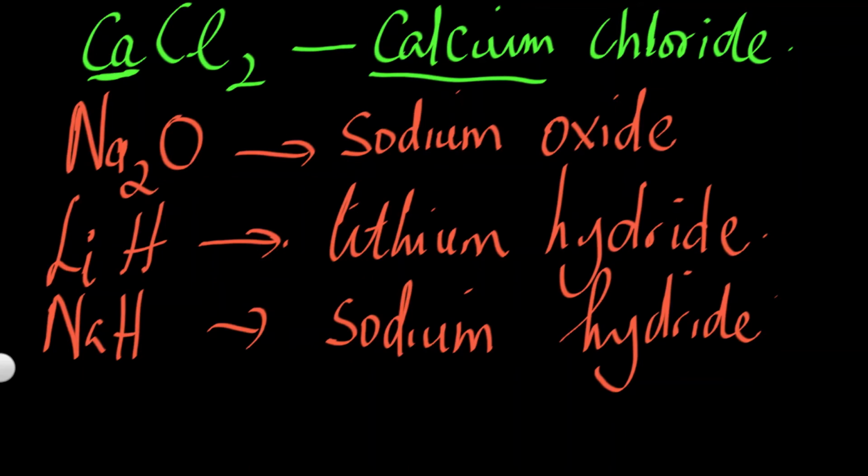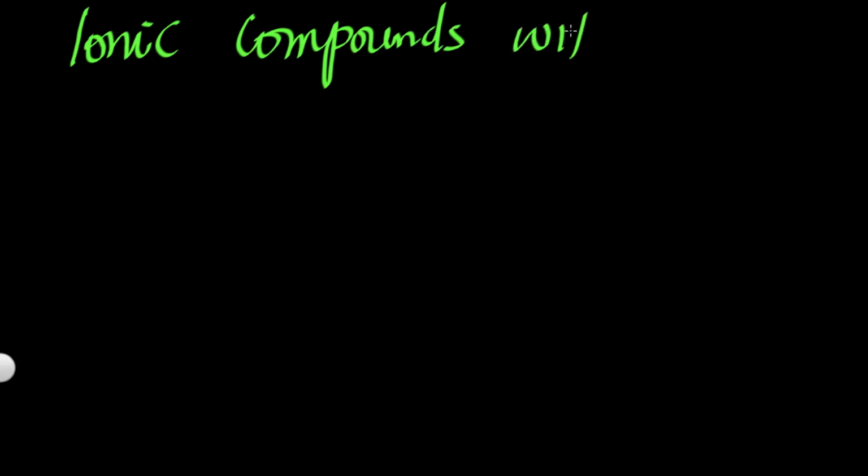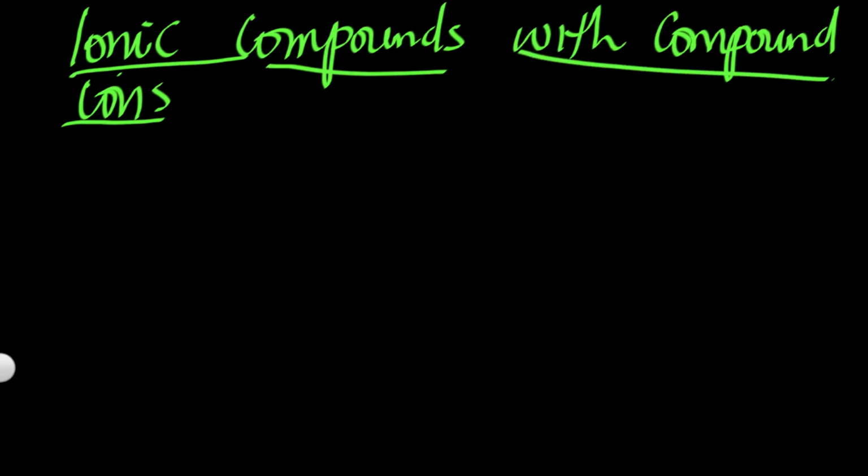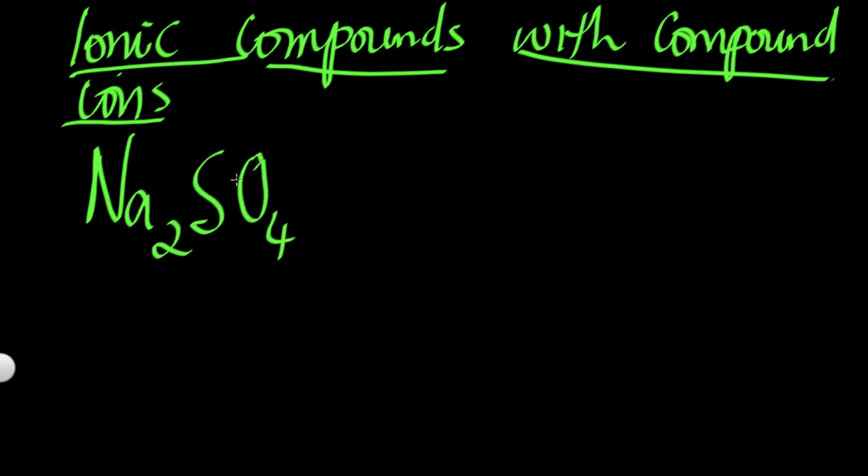But we have other ionic compounds that I want to deal with, so ionic compounds with compound ions, what we call compound ions. If I write Na2SO4, we call this sodium sulfate.